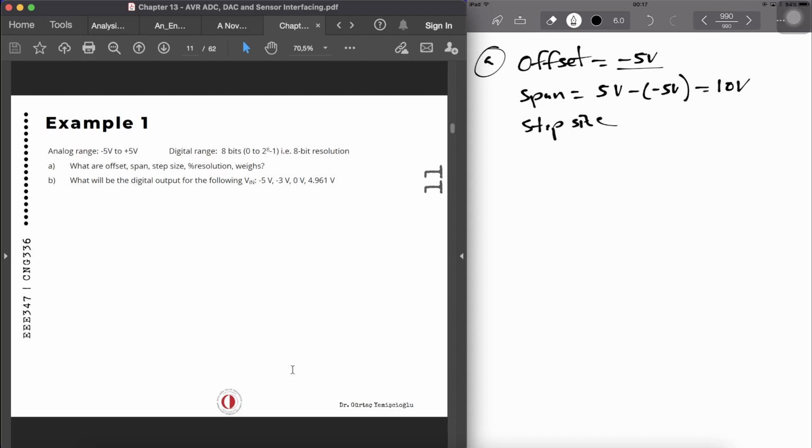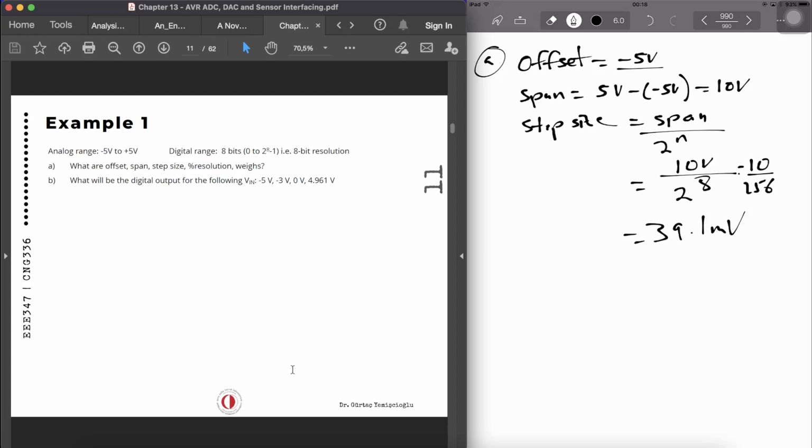Now, the step size. We know it is the span divided by 2 to the power n. In this case, span is 10 volts divided by 2 to the power 8, since it is 8-bit resolution, which is 10 volts divided by 256. This gives us 39.1 millivolts as the step size, or the resolution.